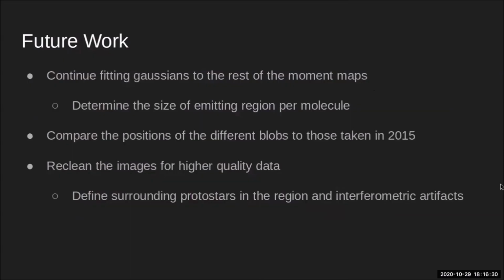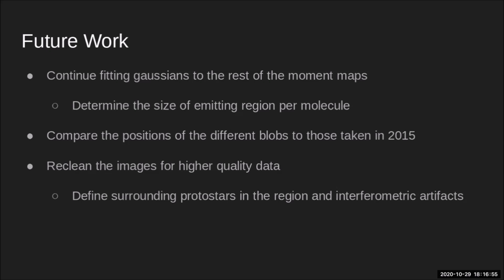Many others will need more complex fits, maybe not only Gaussians, maybe more than one Gaussian, but we will continue fitting these Gaussians to the rest of the moment maps. And once that is done, we will use those Gaussians to determine the size of the emitting region for each of the molecules.